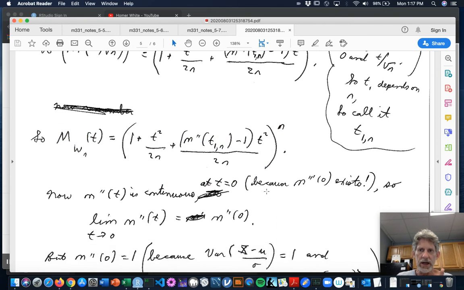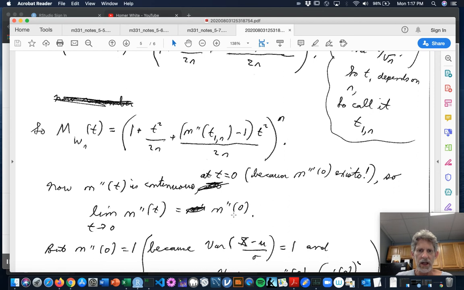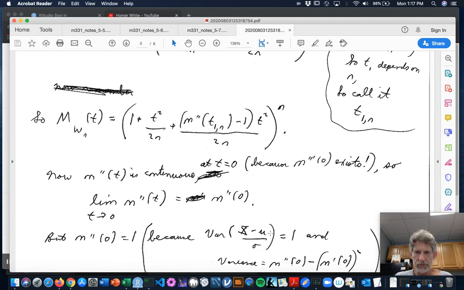Okay, next little step. Do y'all remember that when the derivative of a function exists at a point, the function has to be continuous at that point? Well, our random variables have moment generating functions. Wn has a moment, the Y random variable has this moment generating function, little m.